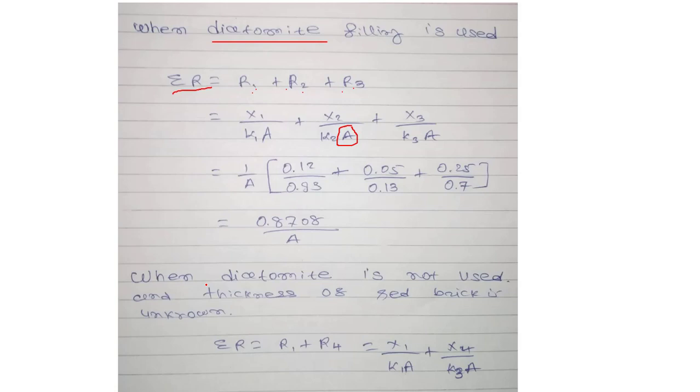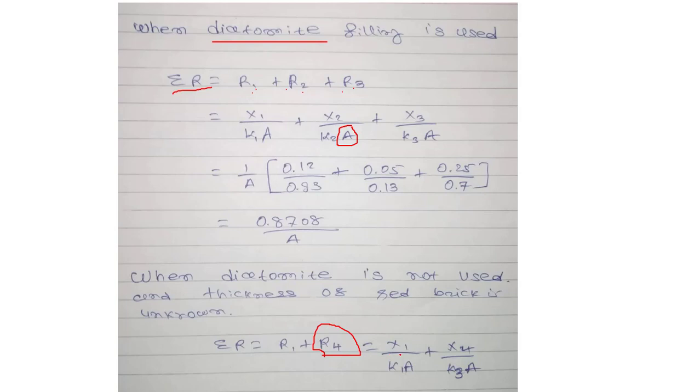And for case 2, when we are not using diatomite and we have to find the thickness of red brick, as it is in series connection, the equation becomes R1 plus R4. We are using 4 for the red brick, and the thickness in this case is unknown.